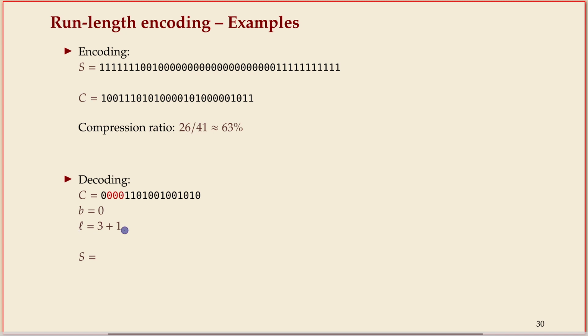That means we read 4 bits to get the binary representation of the run length. That's 13. So we start by outputting 13 zeros. And then we keep going. Next number is 2 zeros, so we read 3 bits as a binary representation. And that's the number 4, so we produce 4 ones.